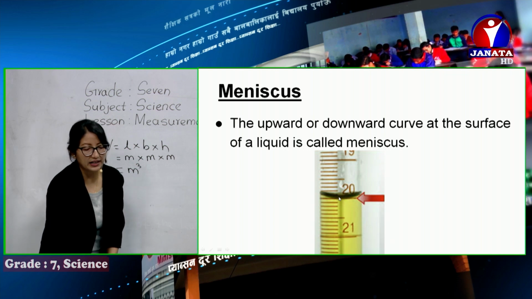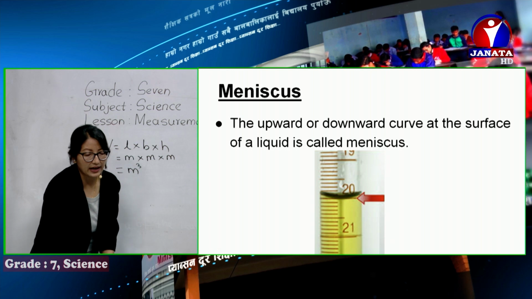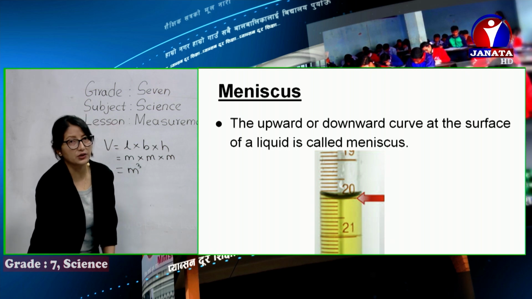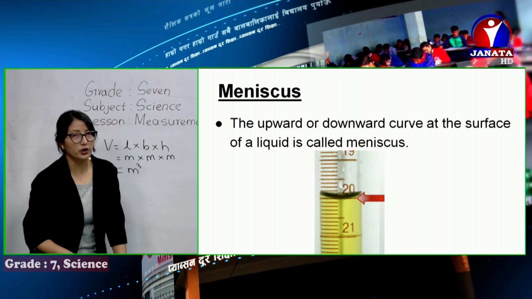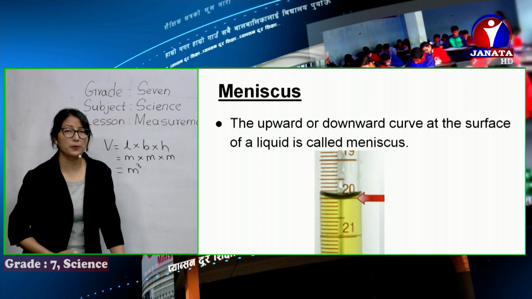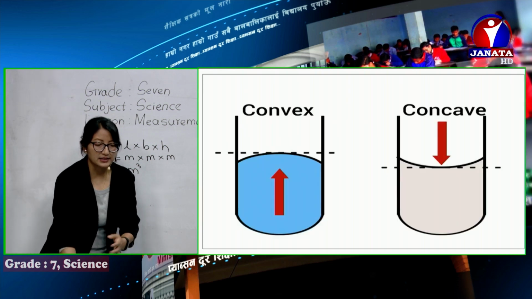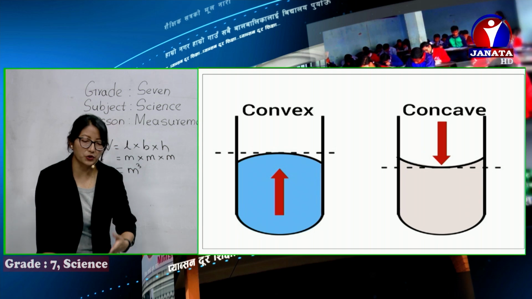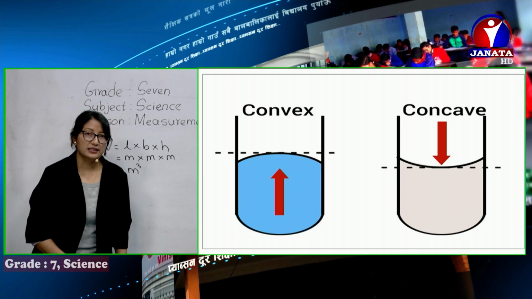We have to take reference of this meniscus, see the arrow being pointed over there, to measure the volume of the liquid. Sometimes there might be an upward curve, or sometimes a downward curve, depending upon the property of the liquid. So this is the meniscus. If it's facing downward, that is a convex curve, or if it's facing upward, you can see the concave one.